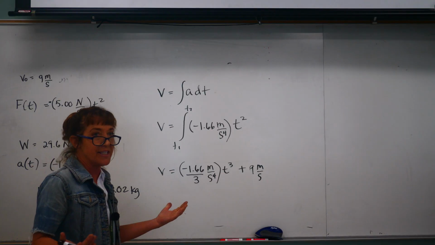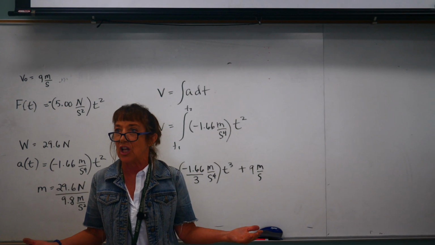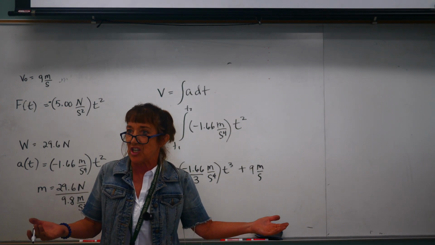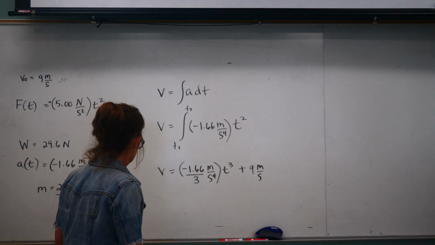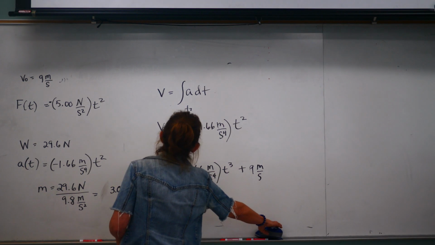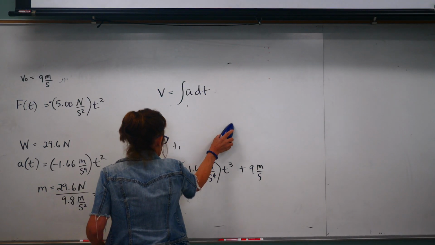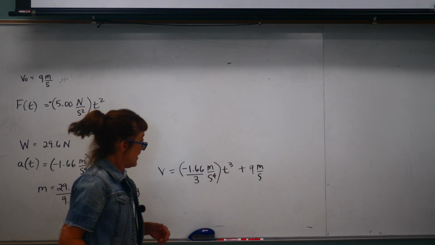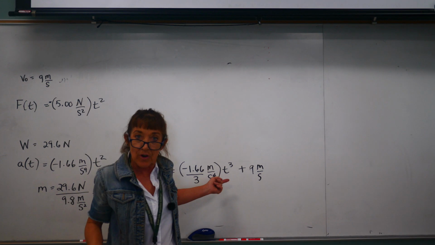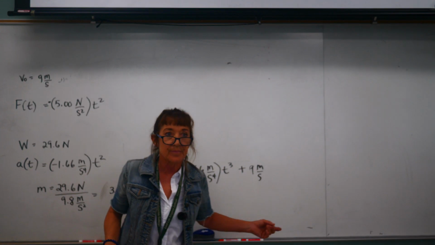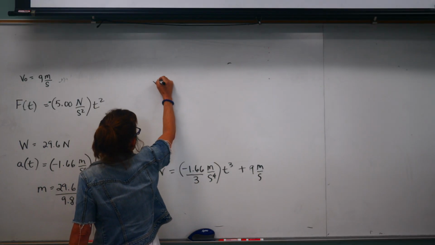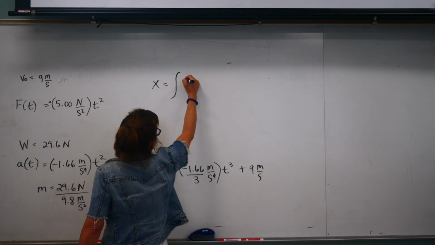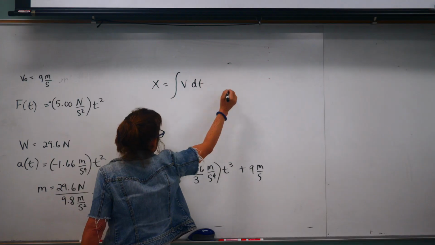All right, but I'm not done here because I'm not looking for a velocity. I'm looking for a position. And my position function I will get from integrating the velocity function, right? So x equals the integral of v dt.